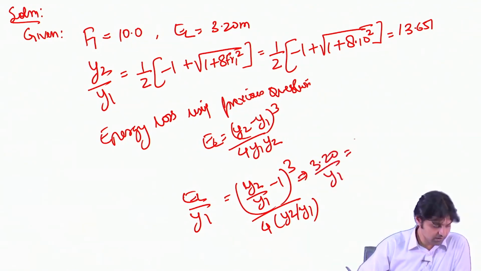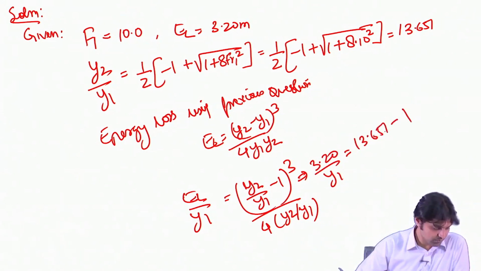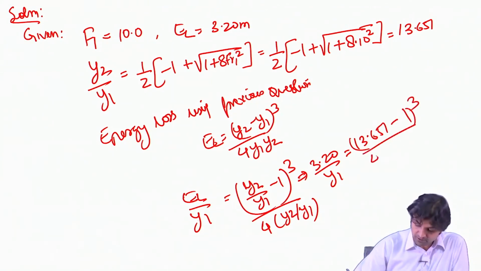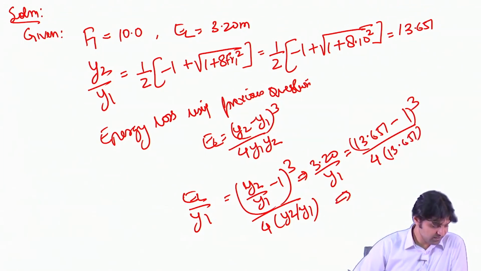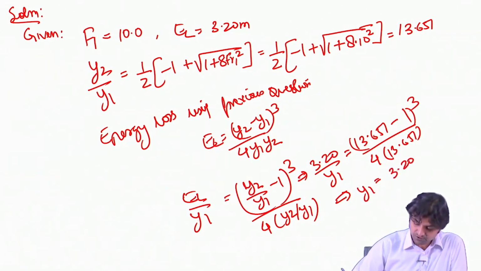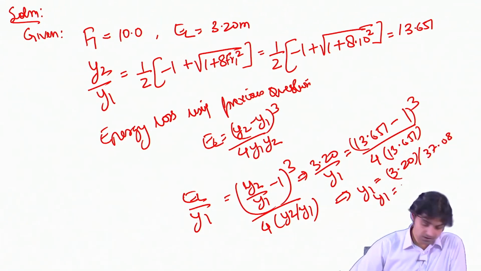Divided by y1 will be (13.651 minus 1) whole cube divided by 4 into 13.651, and on solving this, y1 is going to be 3.20 divided by 37.08, which implies y1 is going to be 0.0863 meter.